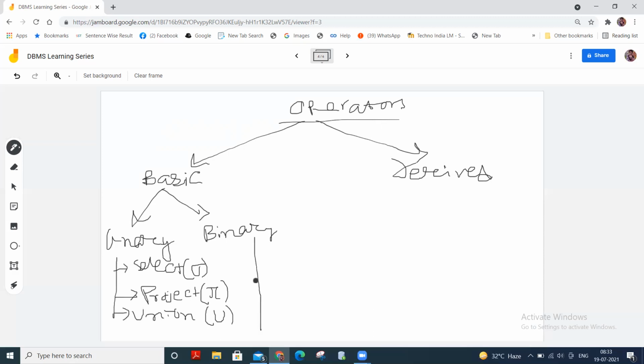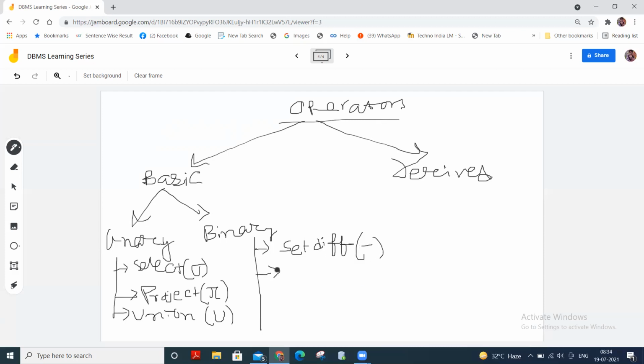And what are the binary ones? For the binary, the first one is set difference, which can be written with only a minus sign.